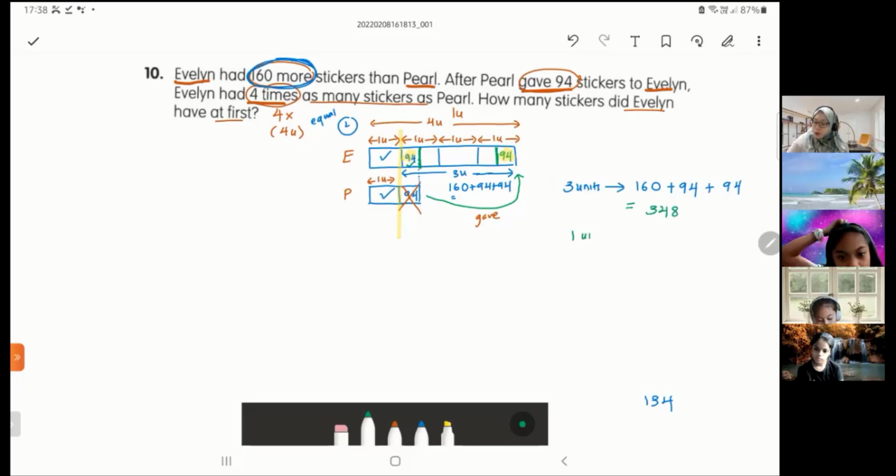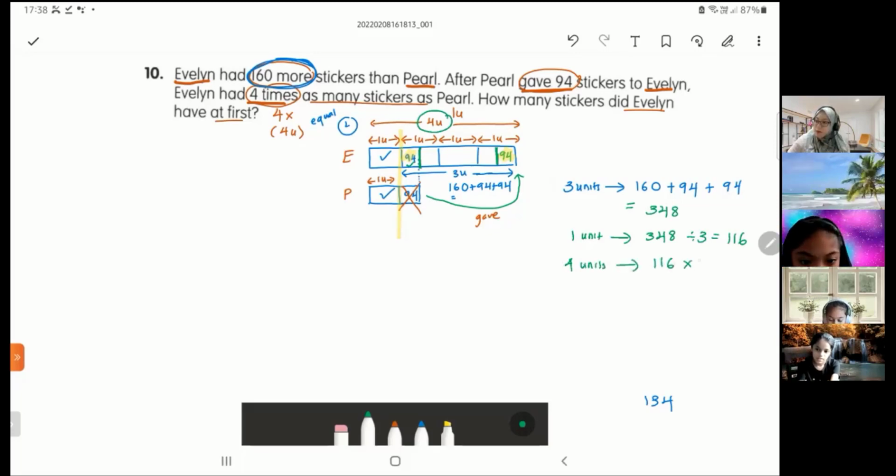So 1 unit is 348 divided by 3, I get 116. Now, how many stickers did Evelyn have at first? At first, Evelyn has 4 units. So 4 units is 116 times 4 equals 464. But there is this 94 which I must take away, right? Because this is given by Pearl.